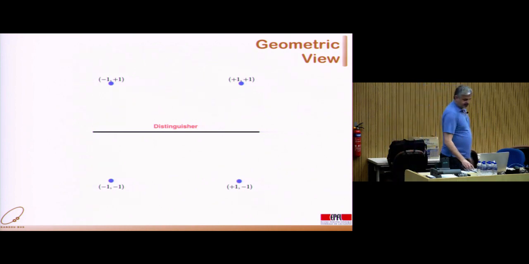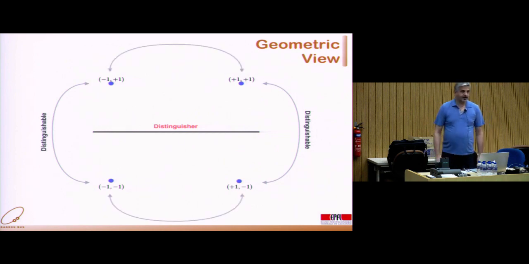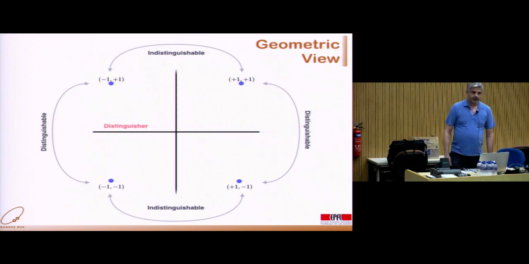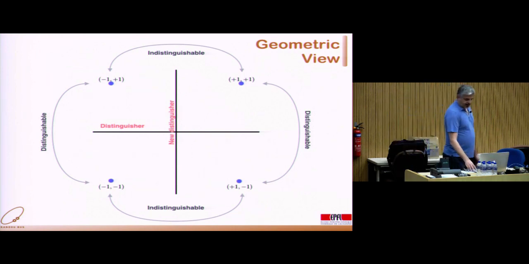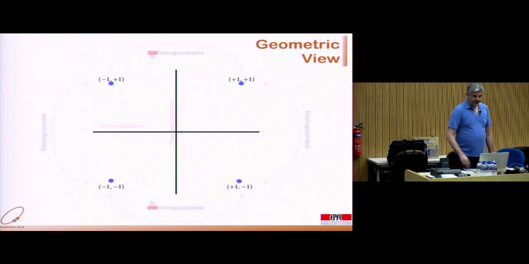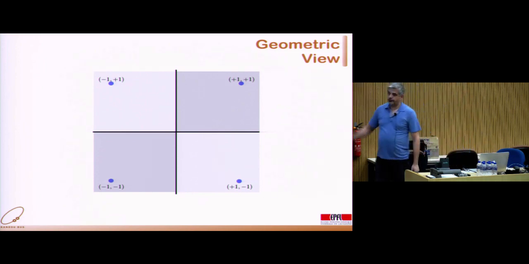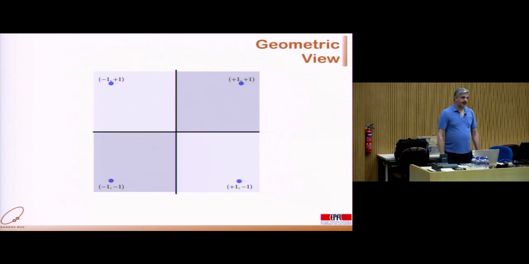It can distinguish 2 points that are on opposite sides of that line, but it cannot distinguish 2 points that are on the same side of the line. So in order to distinguish them, we add another distinguisher, the second comparator. And with that, all the points are distinguishable. So I take basically R2 and subdivide it into 4 chambers, and in each of the chambers, I have one of the values that I'm sending simultaneously on the 2 wires.